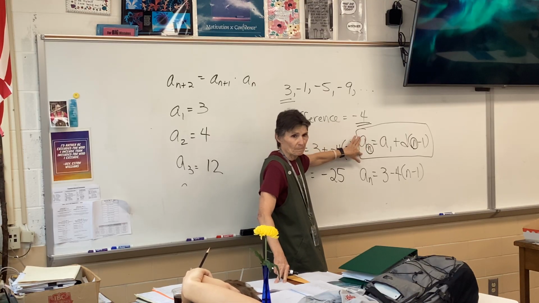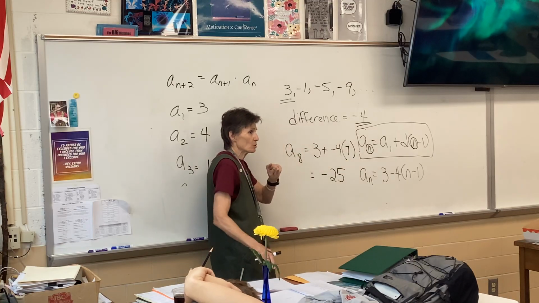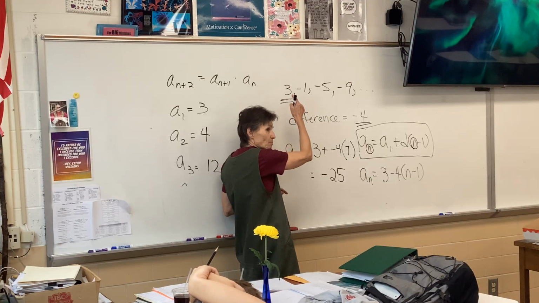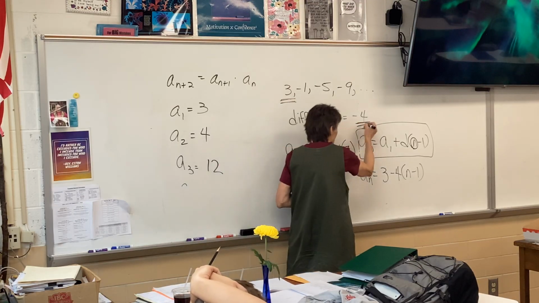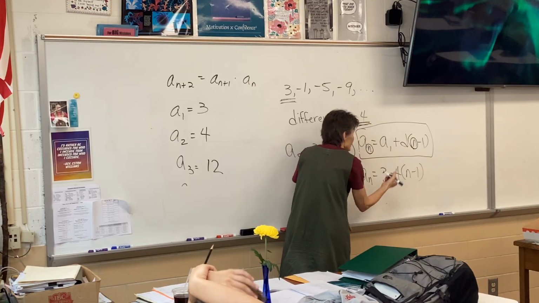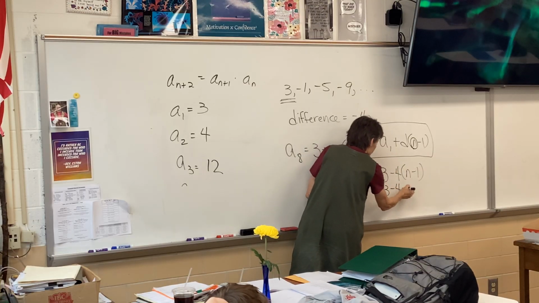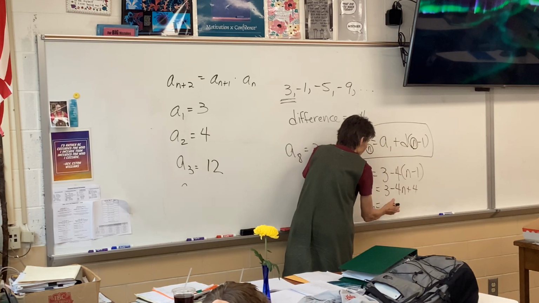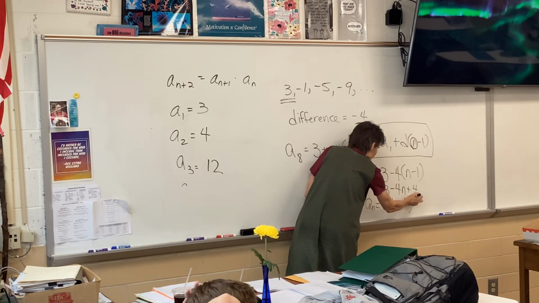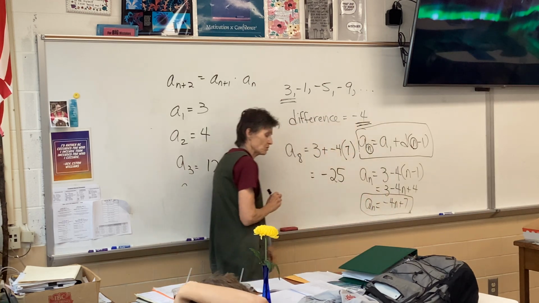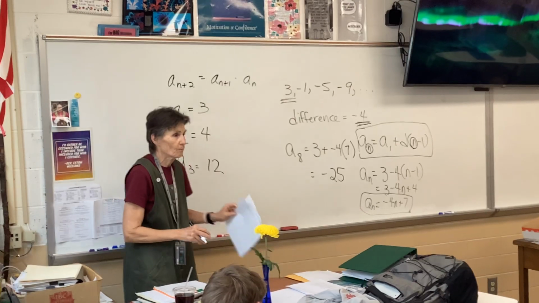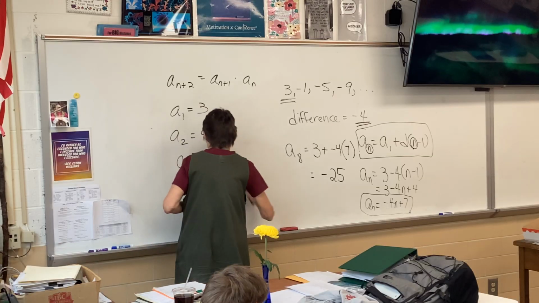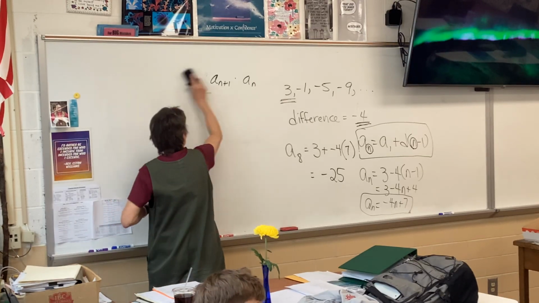But you want it to apply specifically to this sequence, so you put in that specific first term and that specific difference, and then distribute and clean it up. So our explicit rule is negative 4n plus 7. That's your answer. That's your explicit rule for the nth term.